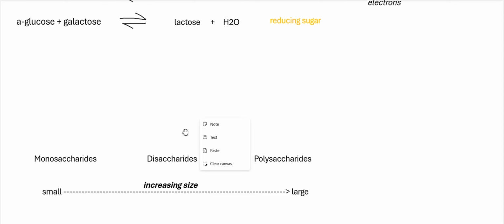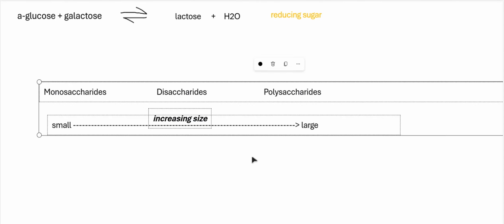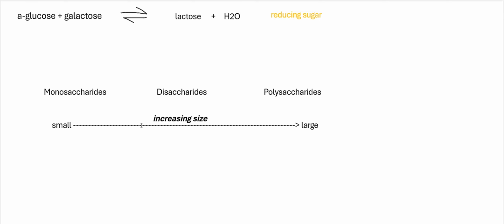Now, you may be confused. What are monosaccharides? What are disaccharides? And you want to get an idea of their sizes. Going from smallest to largest, monosaccharides are the monomers, therefore the smallest. Disaccharides are two monosaccharides joined together by a glycosidic bond, so they're mid-size, in the middle.